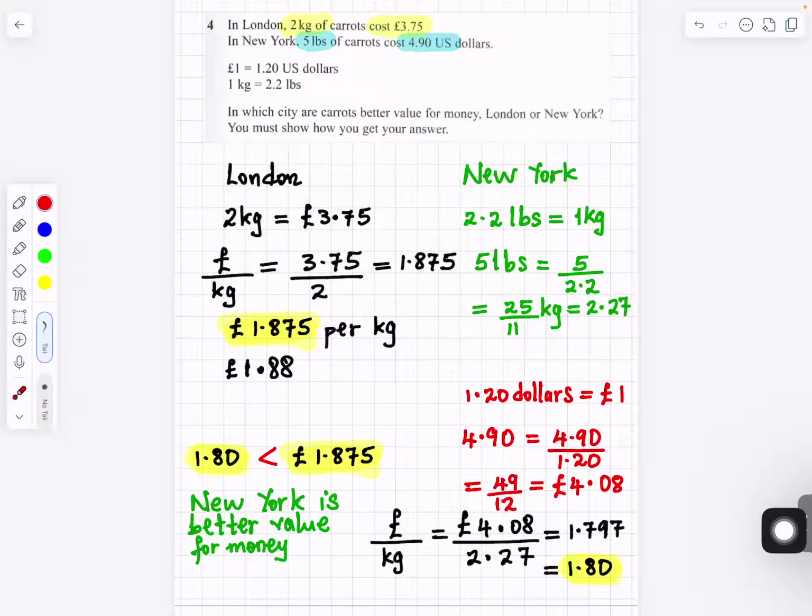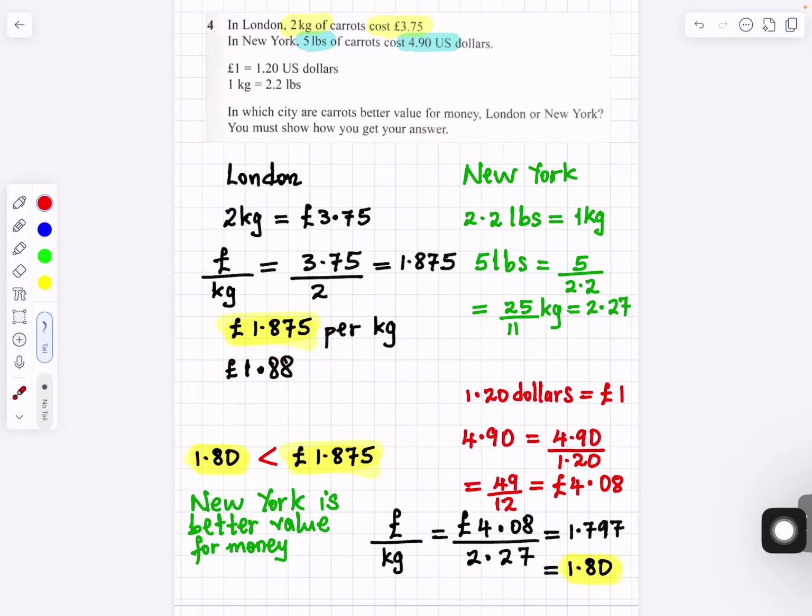Now we can do how much for one. It's £4.08 in New York divided by 2.27. It gives you £1.80. So £1.80 per kilogram in New York, and in London it is £1.88.